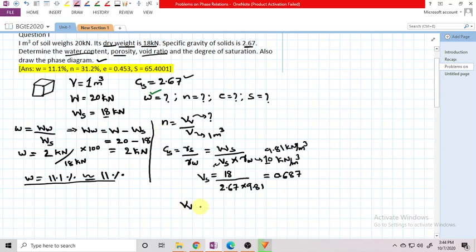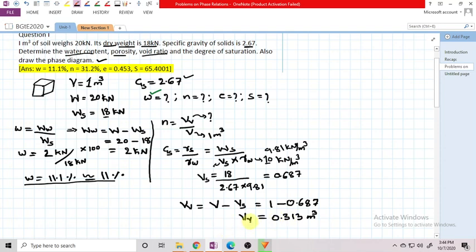So volume of voids is nothing but your total volume minus volume of solids. So total volume is 1 cubic meter minus your volume of solids, 0.687. Okay, so your volume of voids now becomes 0.313 cubic meter.